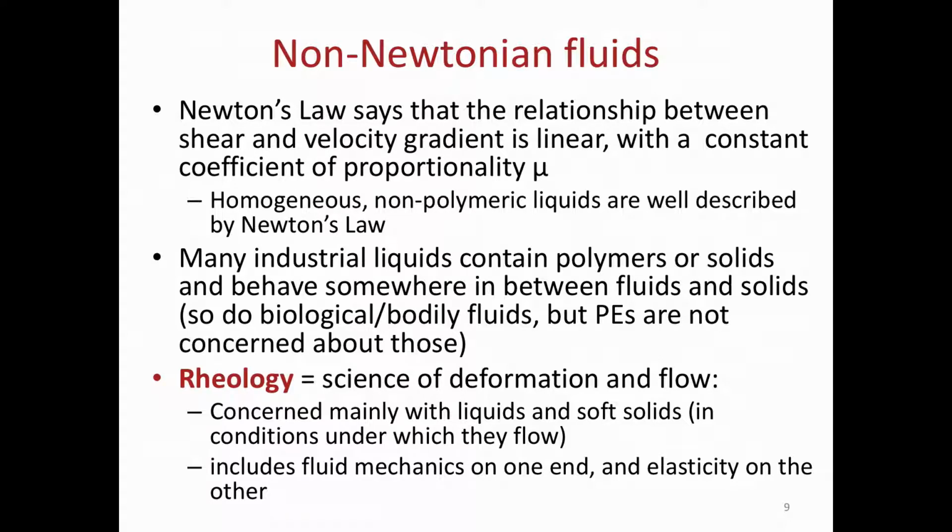Now, many industrial liquids will have some polymers or solids within, and they behave somewhere in between fluids and solids. And we have to account for that. Rheology is a science that studies this deformation and flow. It's mainly concerned with liquids and soft solids, because solids themselves might not deform enough to actually flow in any matter.